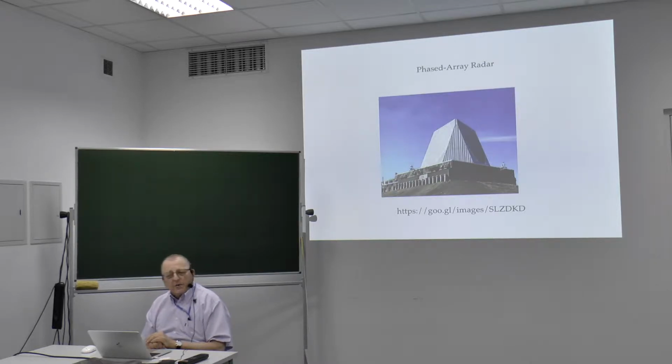And one of the largest phased array radars built to look beyond the horizon was built in the former Soviet Union next to the nuclear power plant in Chernobyl. And when the Chernobyl exploded, this giant construction turned out to be in a region which was evacuated.